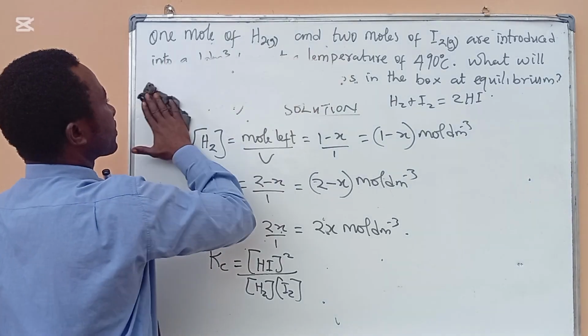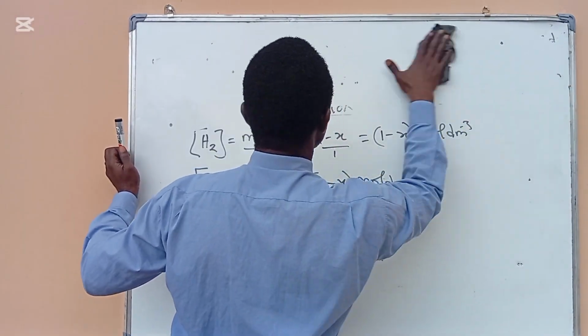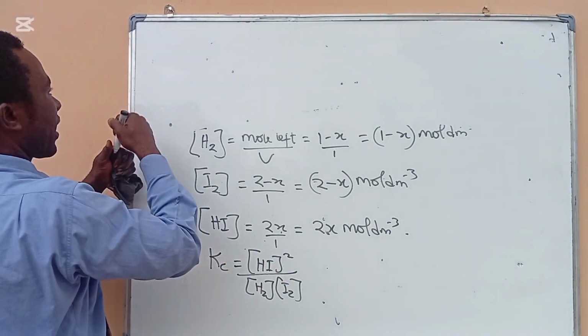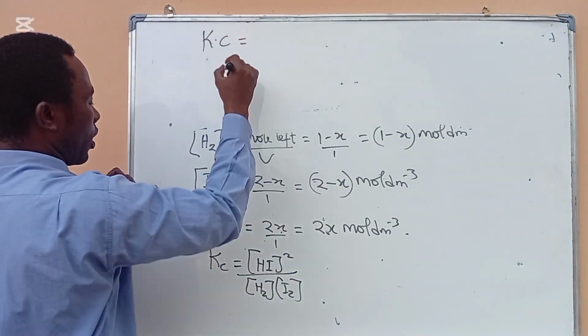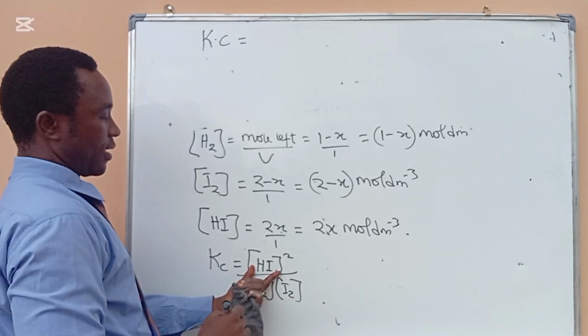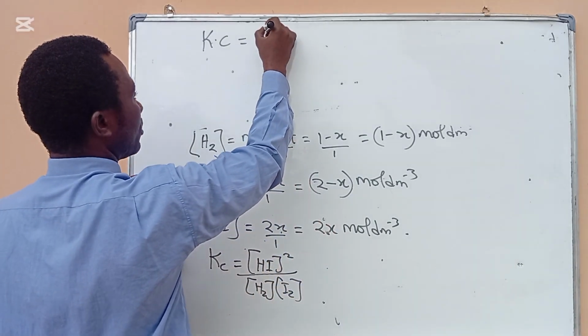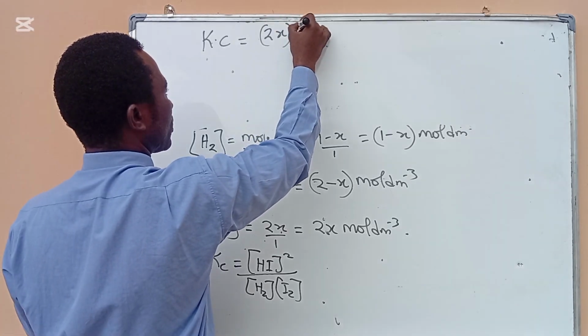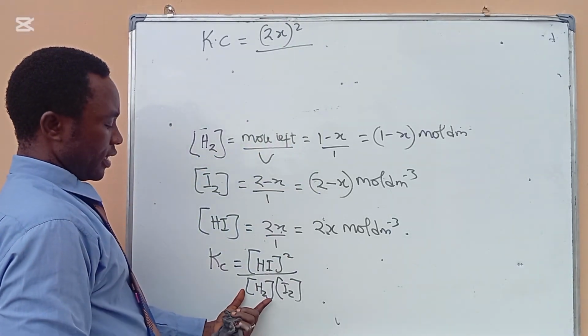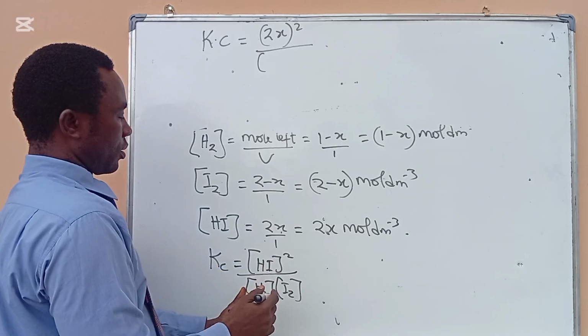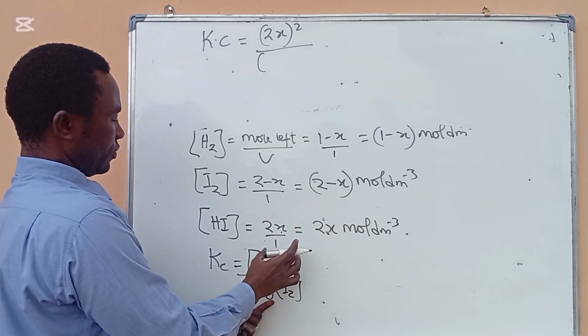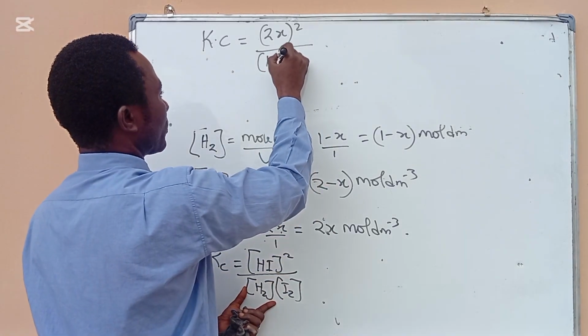Now let us put these concentrations and also put the value of our equilibrium constant and see what we can get. If we do that, we'll find out that our Kc will become equal to the concentration of HI at equilibrium, which is 2x, so we have 2x all raised to power 2, divided by the concentration of hydrogen at equilibrium, which is given to be 1 minus x.